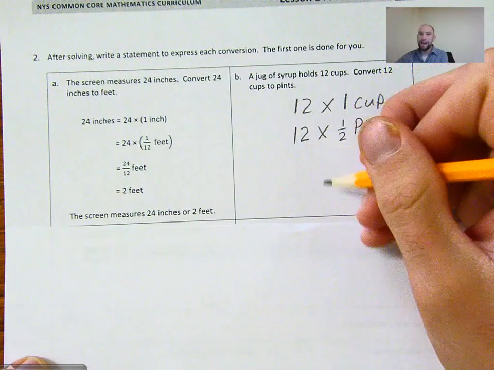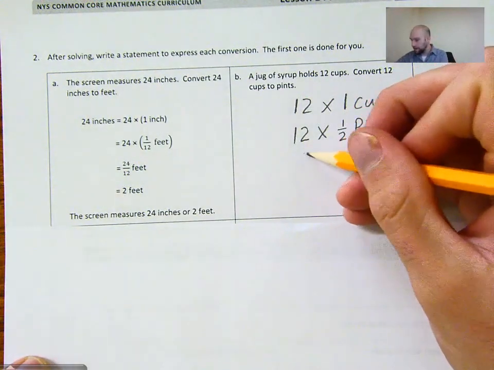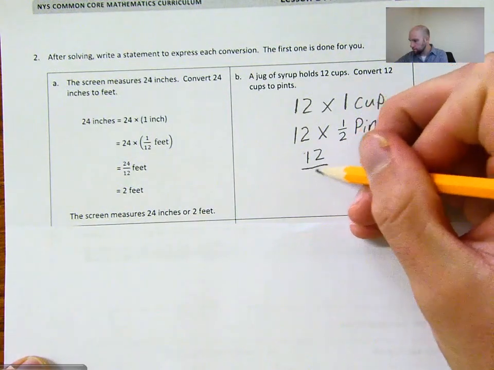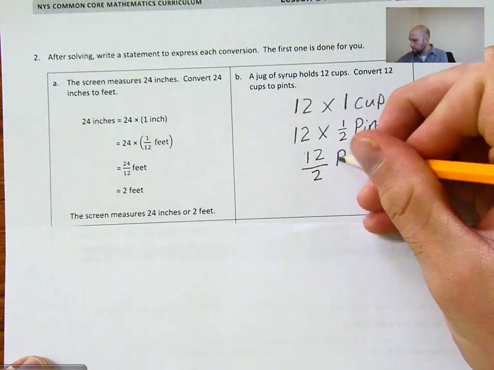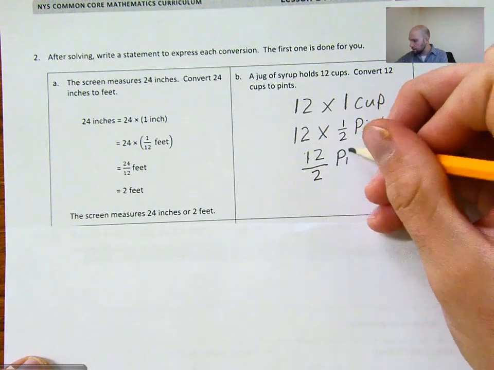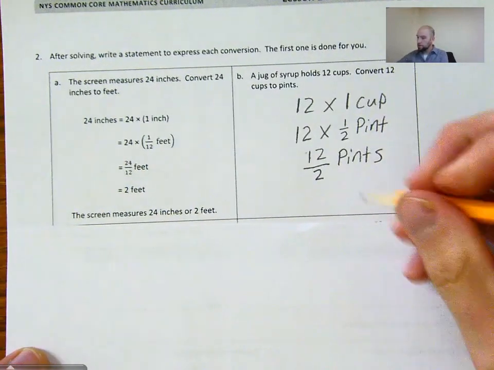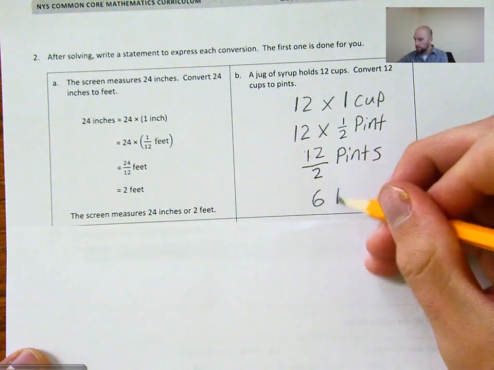So we have 1/2 of 12, or 12 divided by 2. Pints. 12 divided by 2 is 6 pints.